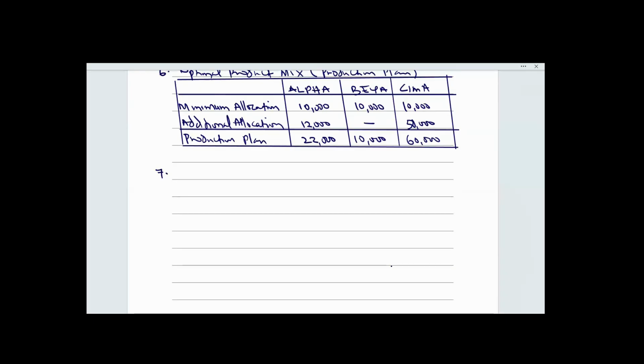The last step is to then determine your profits derivable. That is, you prepare the income statement. So you have for Alpha, Beta, and then Sigma. Total for the company as a whole.